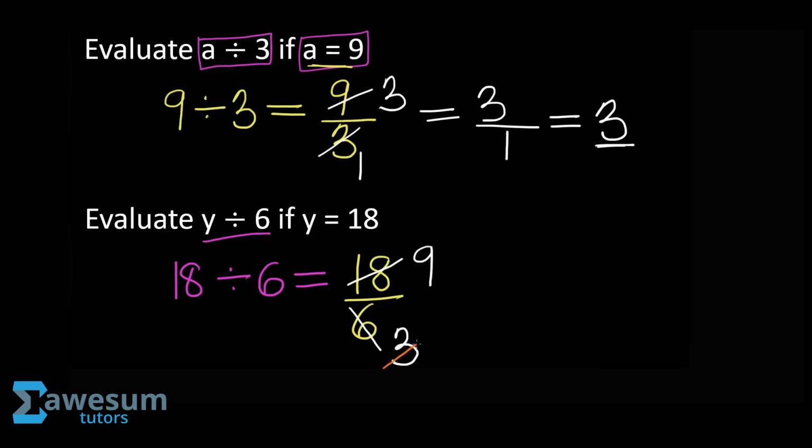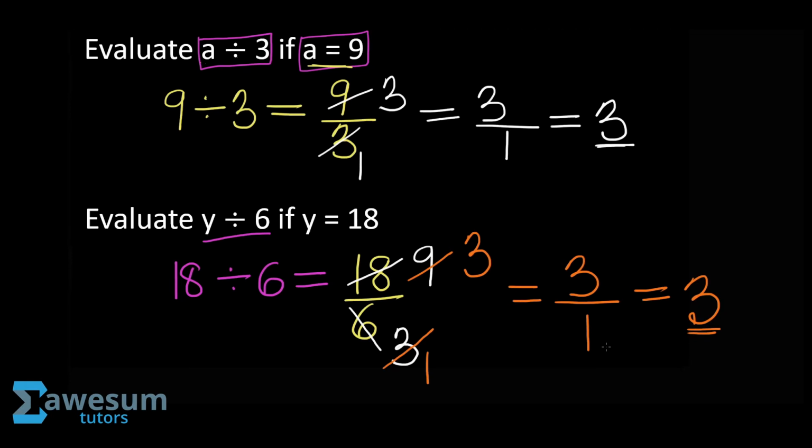That means 3 in 3 is 1, and 3 in 9 is 3. So my final answer is going to be 3 over 1, and 3 over 1 is the same thing as 3. Okay, I hope you guys are getting this concept.